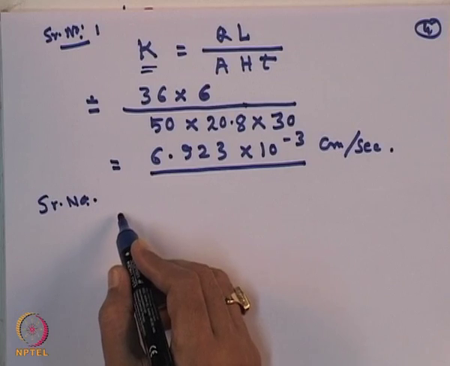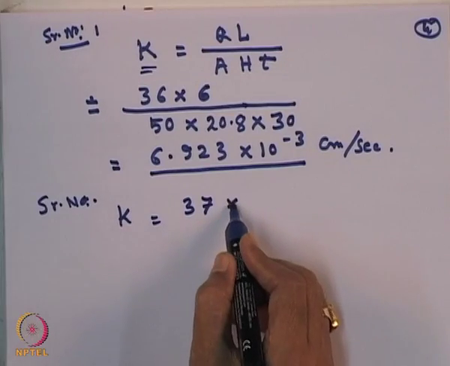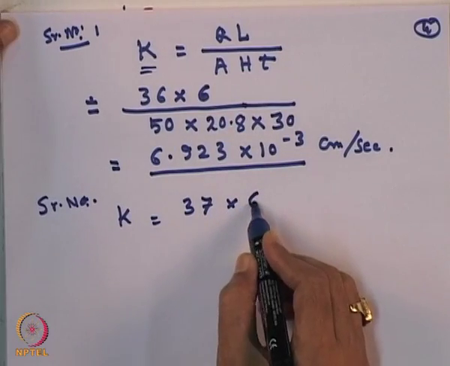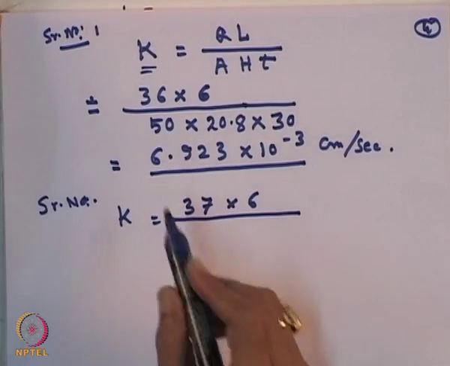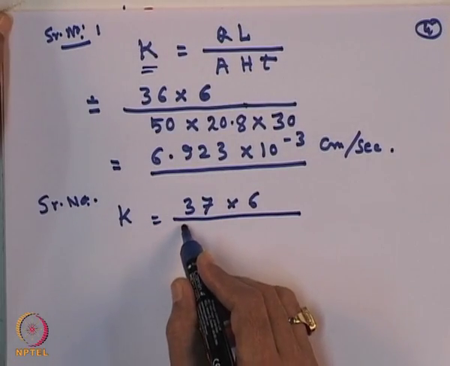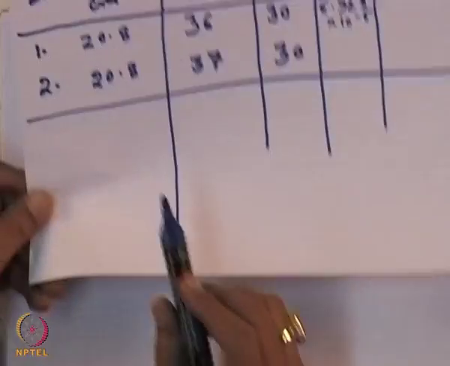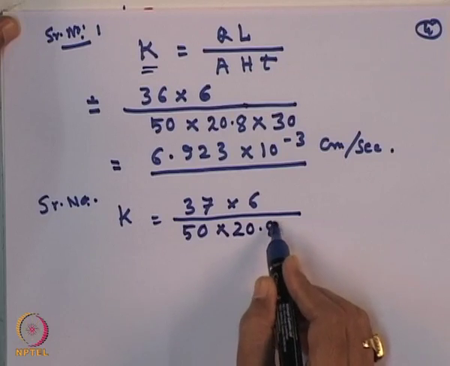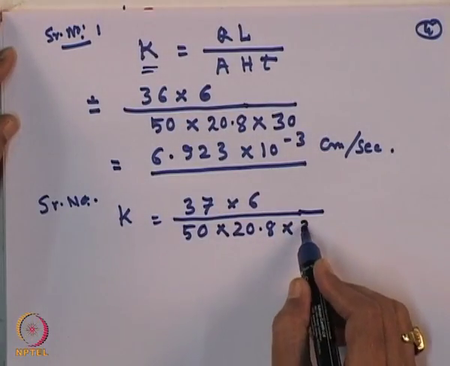So K will be equal to 37 into the length, which is the same, 6, divided by the area, which is also the same, 50, and the constant head for the second case is 20.8. So this will be 20.8 into the time required, which is also 30.